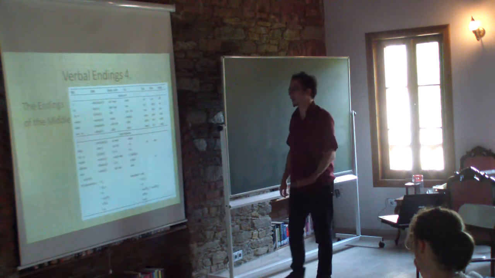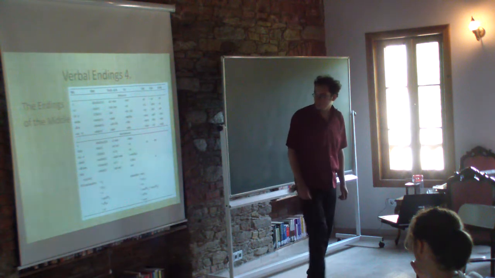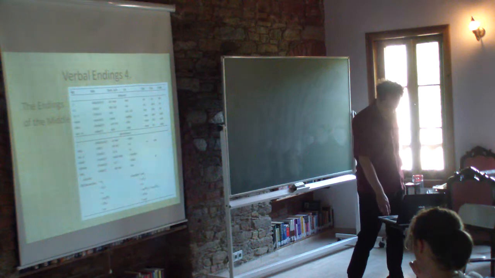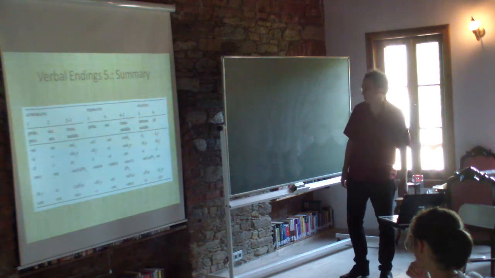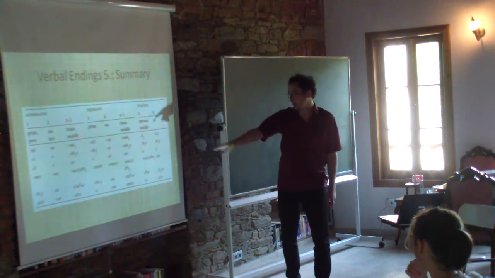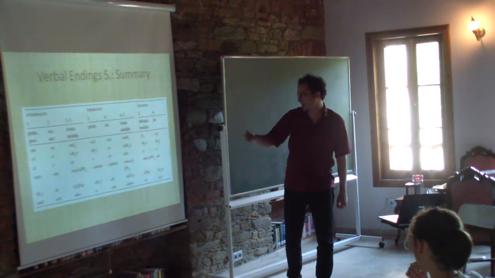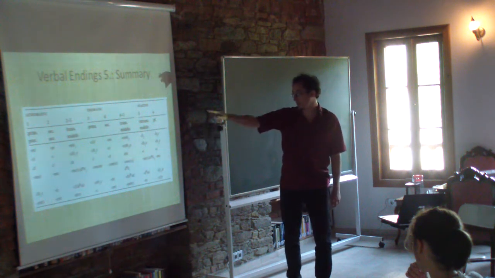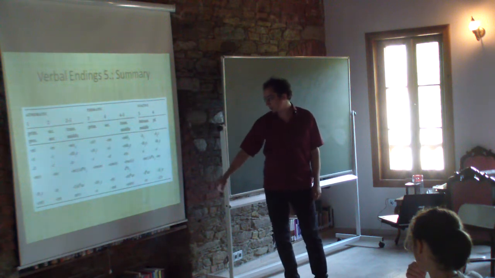And then middle has again a different set of endings. Actually, you can summarize these endings in this way. So you have the primary and secondary endings, you have the middle endings here and there, and again, in the case of the thematic forms, there are the primary and secondary endings, and finally you have the perfect endings.